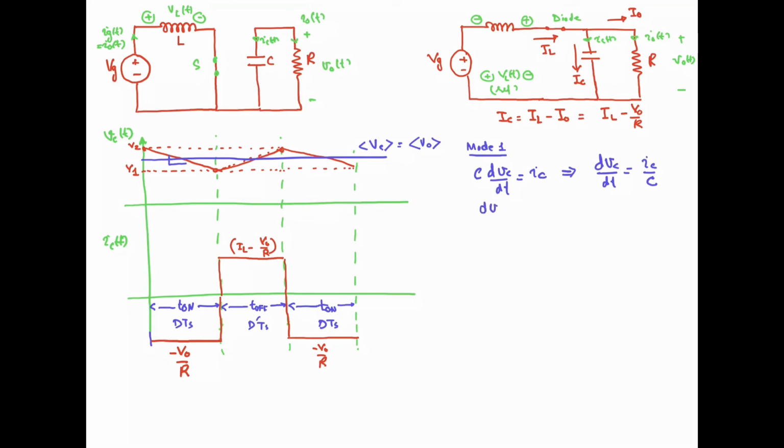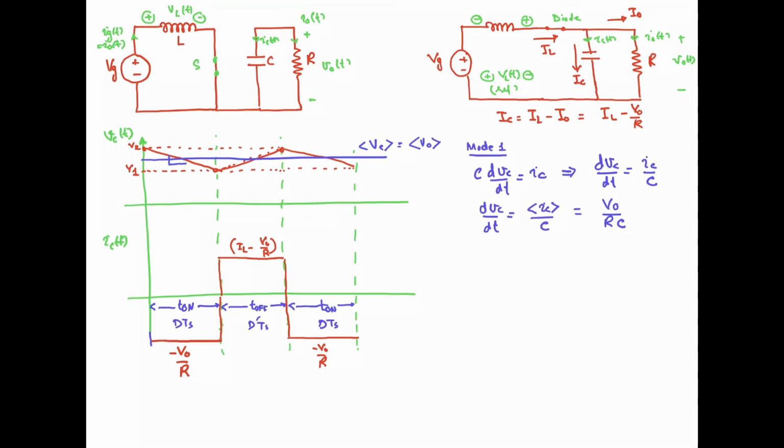And in terms of the average parameters, I can write that this is the average capacitor current divided by the capacitance. So the average capacitor current can now be written as V naught by R, so divide by C, and you will get the expression for dVc by dt.